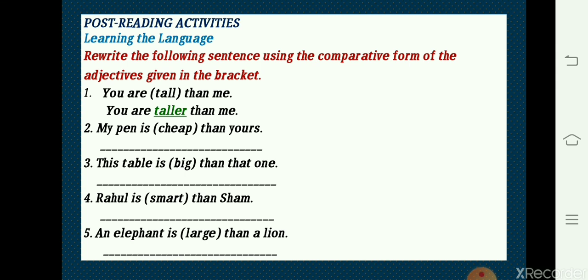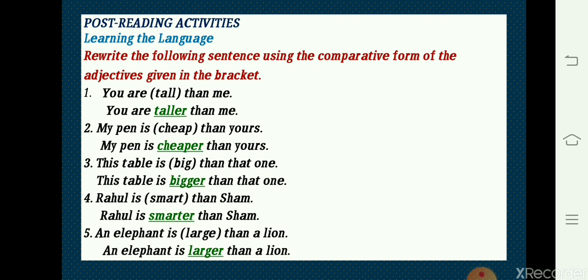You are right. Big will be changed into bigger. Number 4. Rahul is smart than Sham. So this is smarter. Number 5. An elephant is large than a lion. Right, it is larger. Let's check the answers.